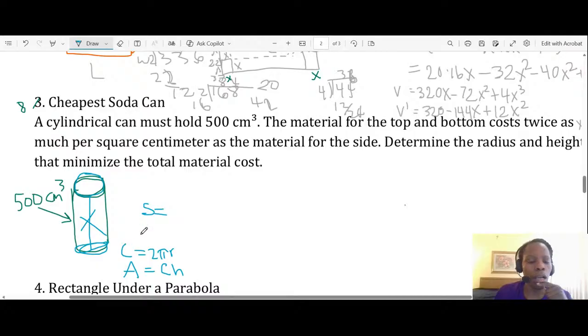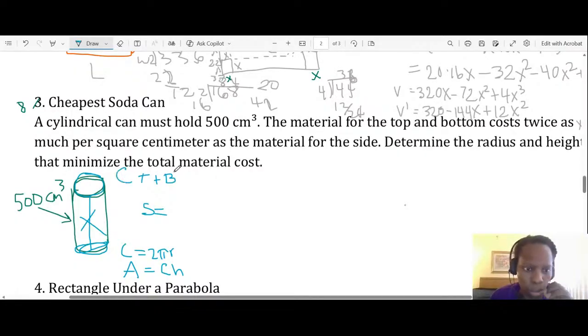Okay. And the material for the top and bottom costs twice as much. So the top and bottom, add those two together. T plus B.